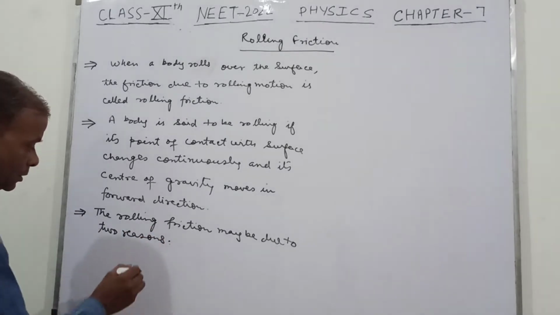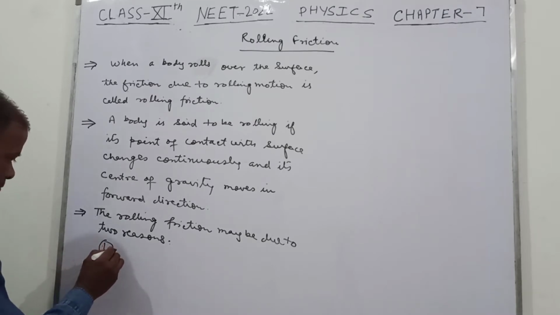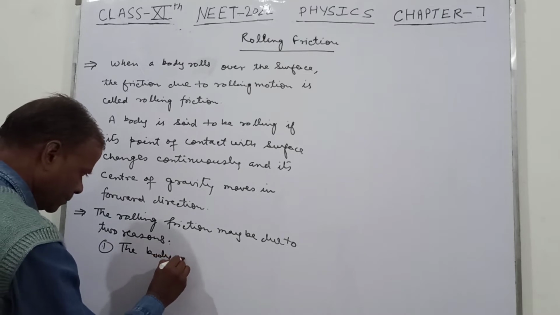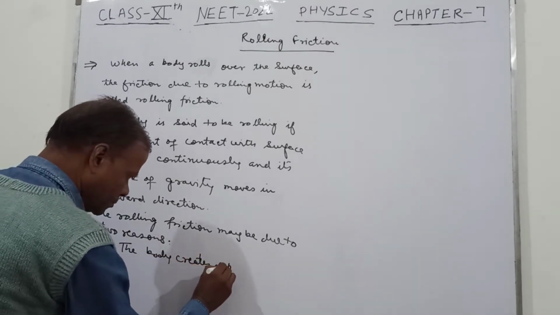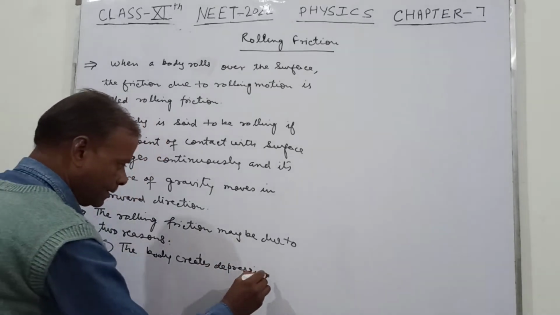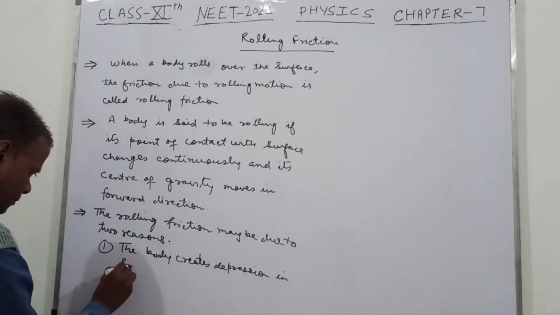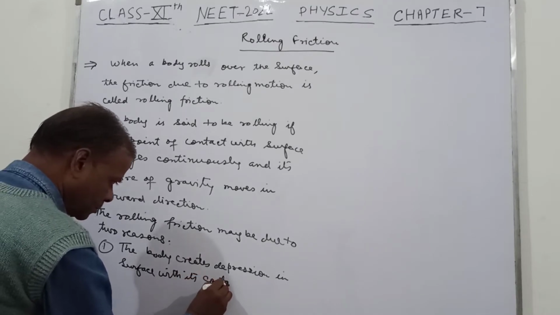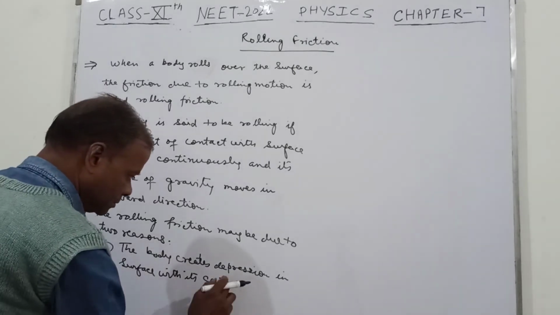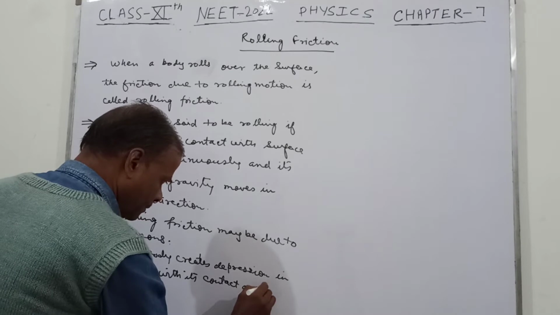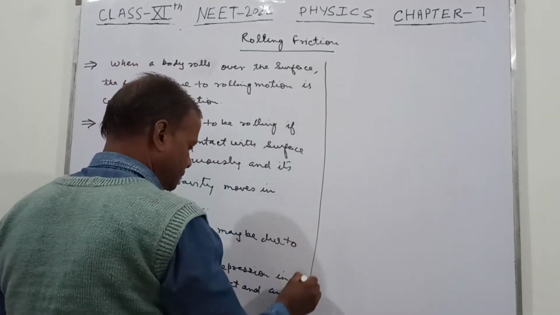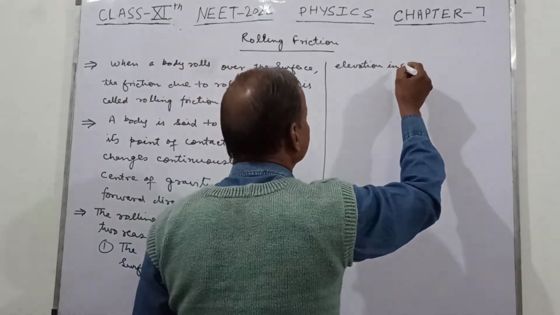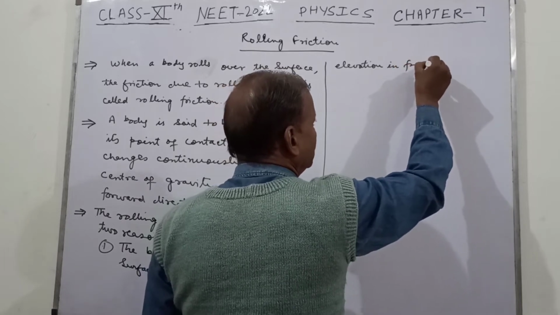The first is that the body creates a depression in the surface with its contact, and an elevation in the forward direction, in front of it.